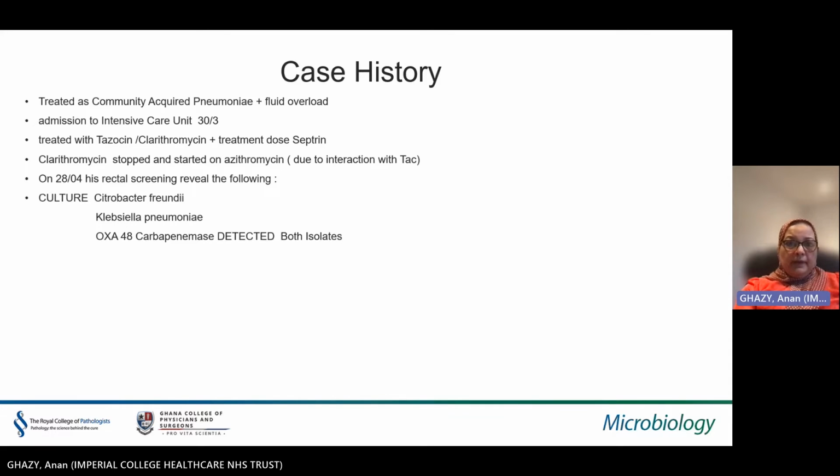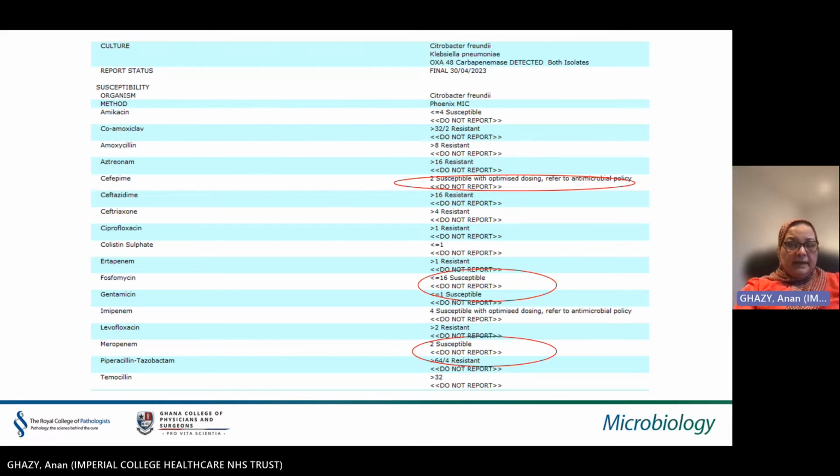On 28th of April, he had a rectal screening swab, which shows the following. The culture was positive for Citrobacter freundii and Klebsiella pneumoniae, and both isolates were OXA-48 positive. So you can see in this slide the Citrobacter freundii sensitivity, and we can see that it was resistant to almost everything except amikacin, cefepime, fosfomycin, and meropenem.